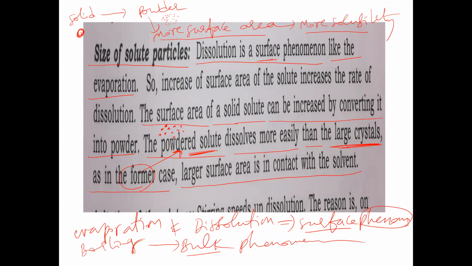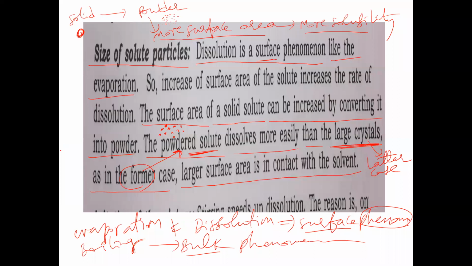Former means this one, and crystal is mentioned later. Whatever is mentioned the second time is called latter, and whatever is mentioned the first time in the above sentence is called former. In the latter case, the surface area is less, and so is the solubility, in the case of crystal.